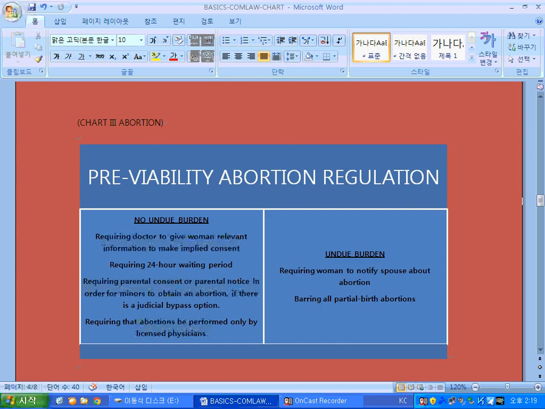In this case, the court decided a state regulation of abortion must comply with prevailing medical practice and not diminish the availability of abortions without promoting important health benefits.